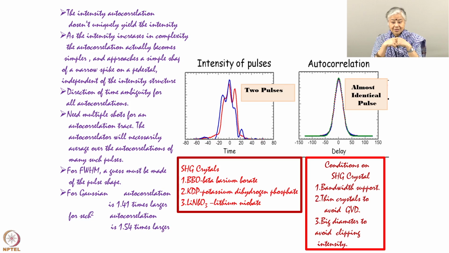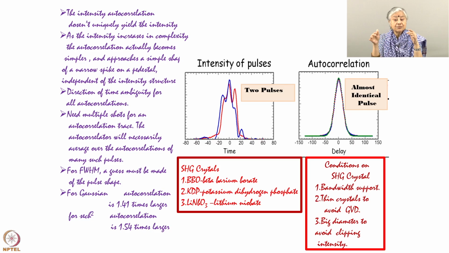Okay. So, what you need is a very thin crystal, so that it does not distort your pulse too much. Thin crystals are in mm thickness, 1 mm thickness, 2 mm, 3 mm, okay, and then you have to tolerate that.